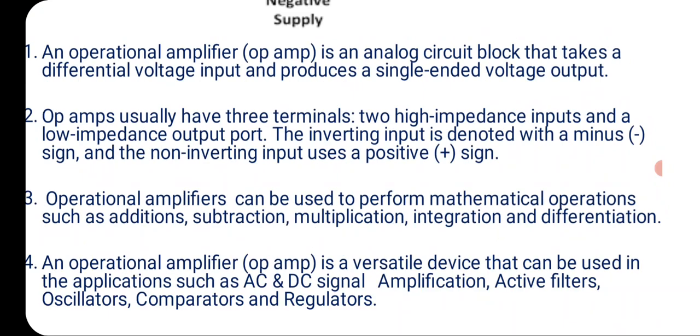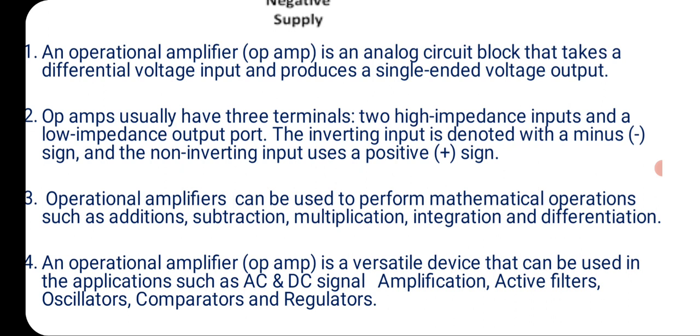Next, a very important fourth point: an operational amplifier is a versatile device. It is known as versatile because it is involved in many applications such as AC and DC signal amplification. What does it mean? It can amplify AC signals as well as DC signals, which is very important. Next, it can be used in active filters. What do you understand by the word filter?